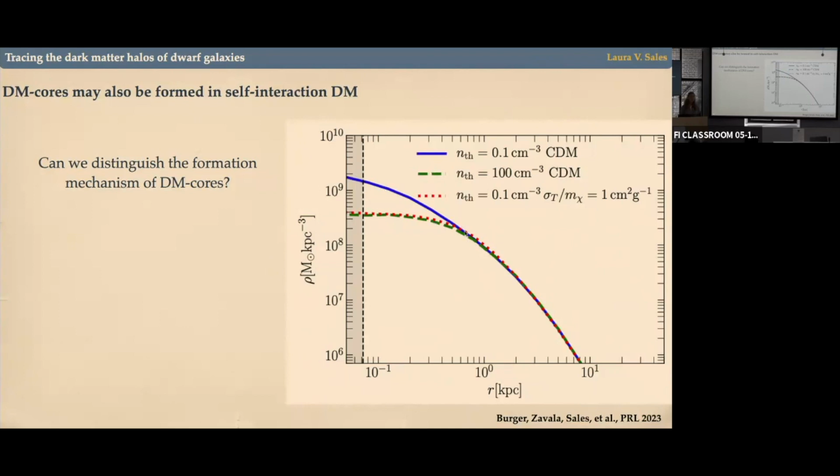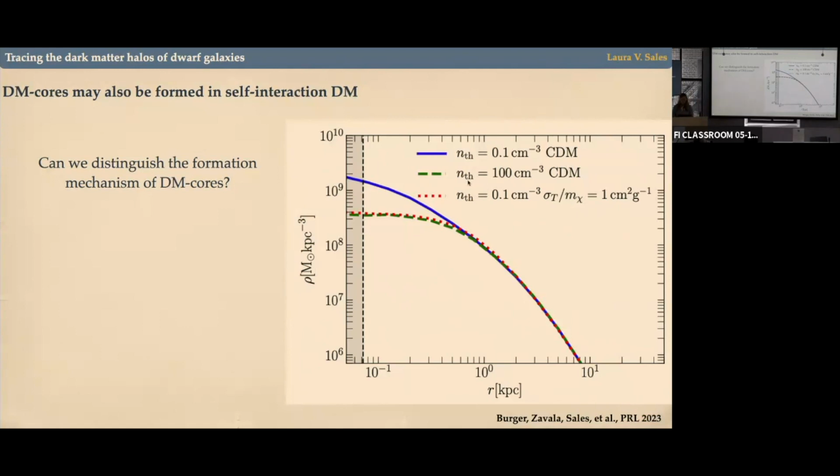Or you put now SIDM in your dark matter halo, and then you can get exactly the same density profile, right? And in order to control the burstiness, what we use is this density threshold for star formation. But that's really not the physical quantity to remember. It's just the question we are trying to see: okay, so if dwarf galaxies have a core, how do you distinguish whether that is because of this baryonic process or not?